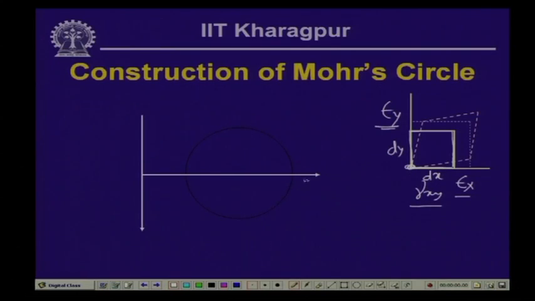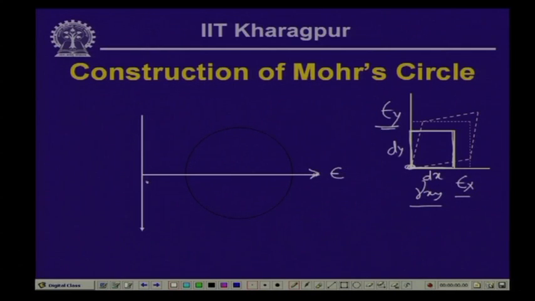Now, let us look into how, if we know the values of epsilon x, epsilon y and gamma xy at a particular point in a plane strain condition, we can extract the other information using the Mohr circle of strain. As we had discussed in case of stresses regarding the direction of the axes, this is the positive x direction, which we call epsilon.